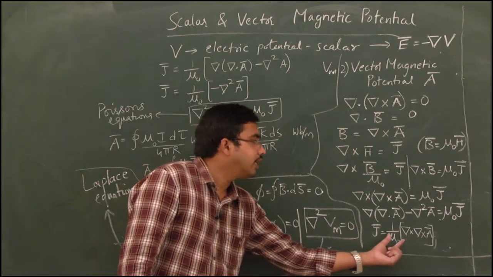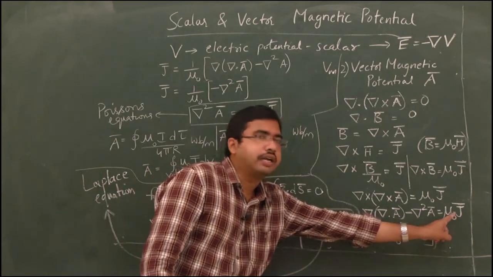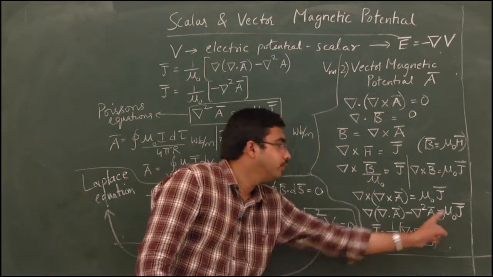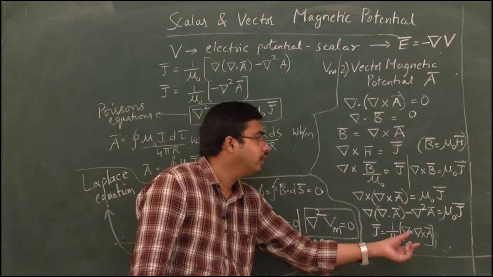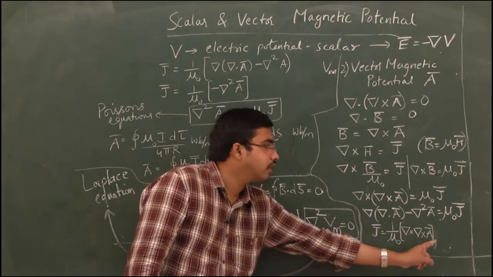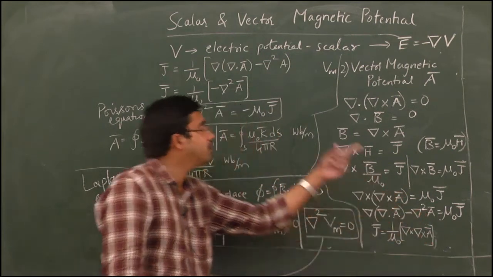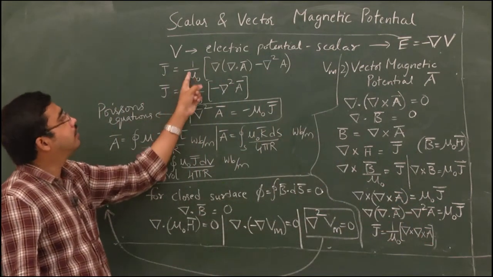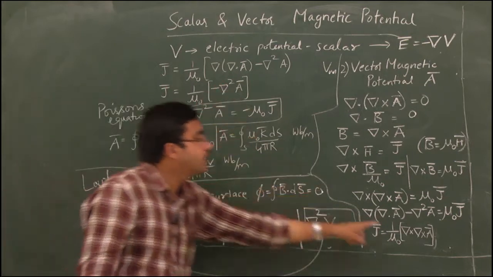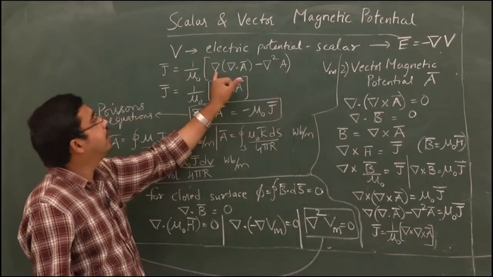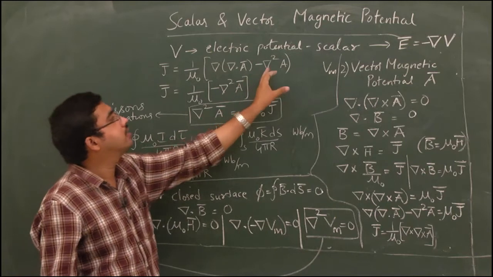Here this can be written as, see, I am sending this mu naught that side, 1 by mu naught into del cross del cross A bar. In the place of this, this can be written. Just I have improved that J bar equal to 1 by mu naught into del into del dot A bar minus del square A bar.